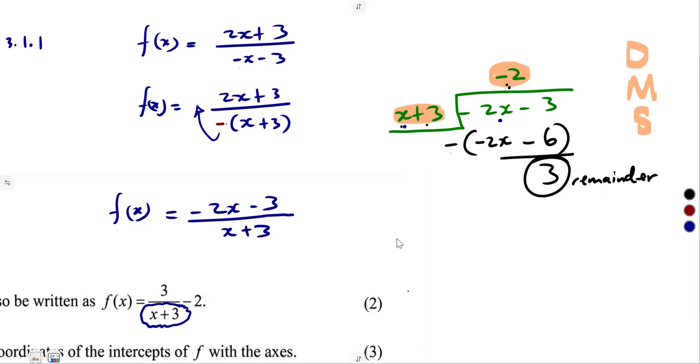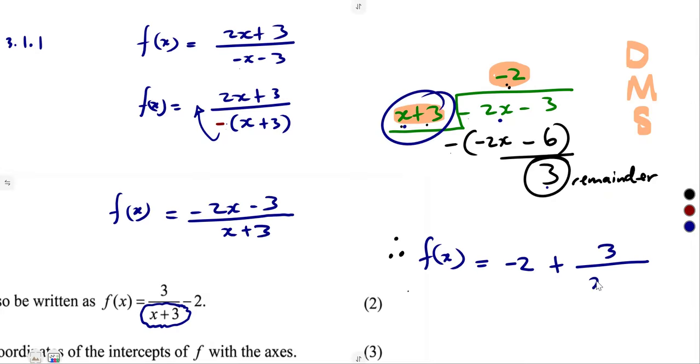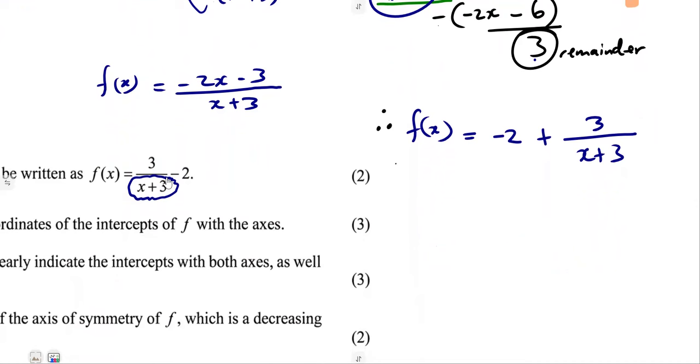Therefore, our f of x can be written as, after dividing, this is what we obtained: a negative 2 and a remainder, which is positive 3 over x plus 3, just like that. So as we can see, it is exactly what we are given, only that the layout or the way it is presented differs.